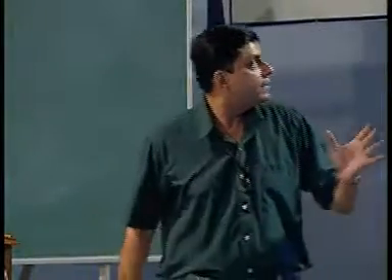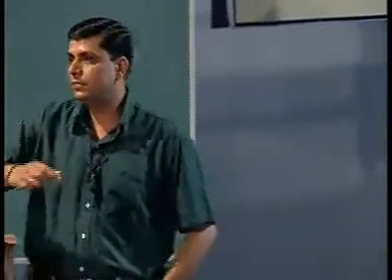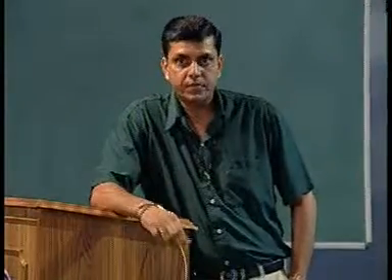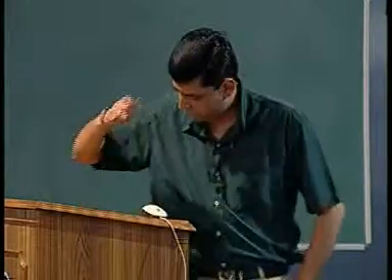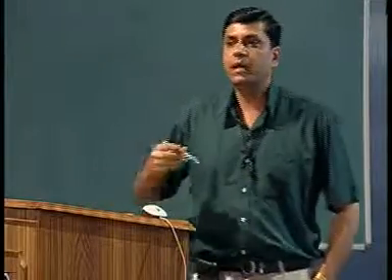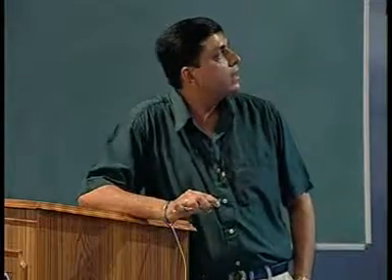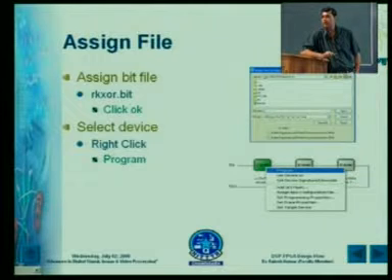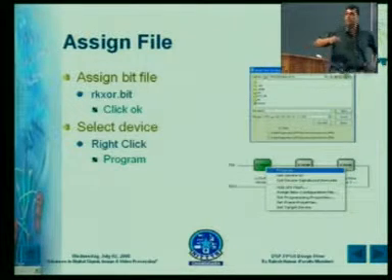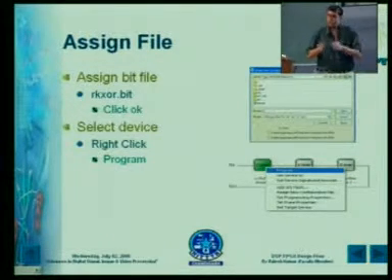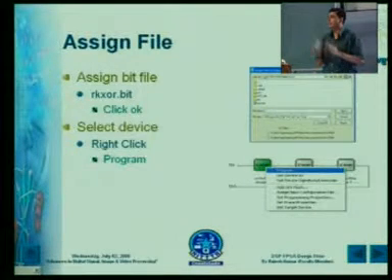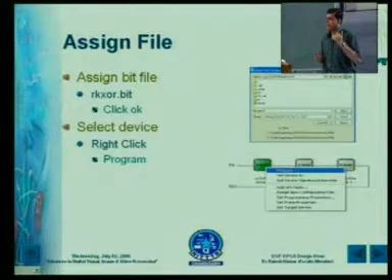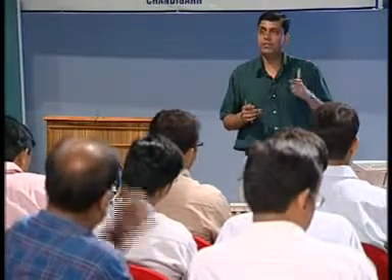After configuring your device, you have to select the bit file which you want to transfer. So I am selecting here the xor.bit file. In this software it is already generated by generate programming file. The generated bit file is XOR with extension .bit.